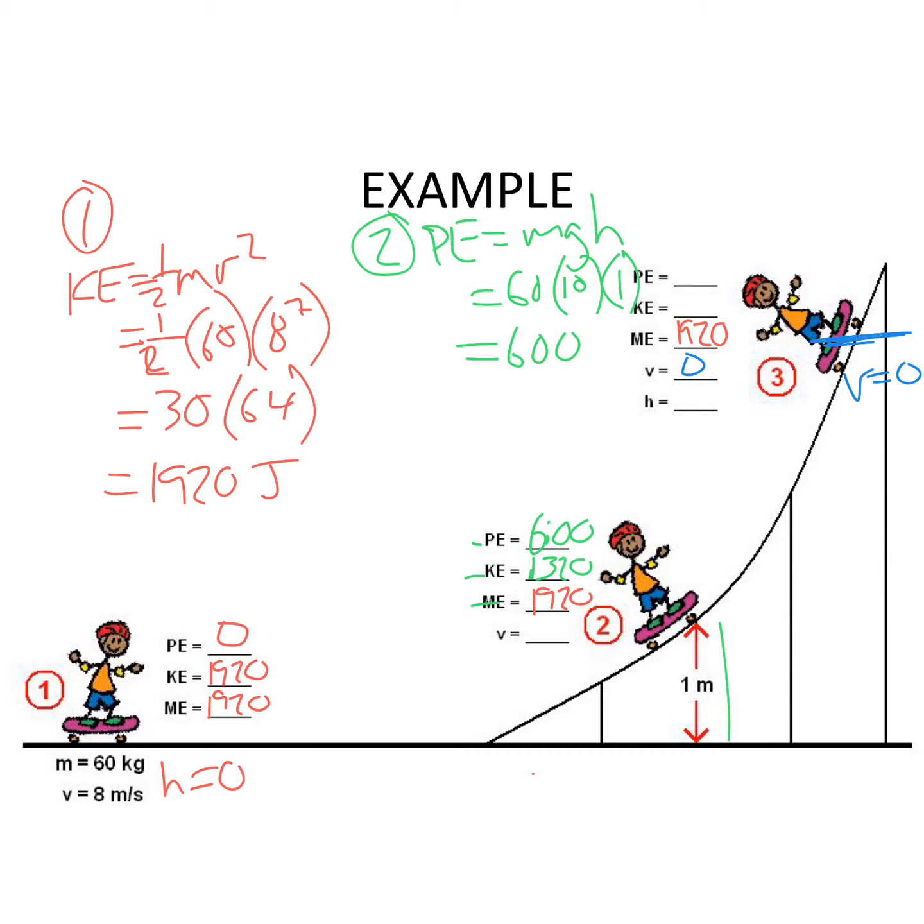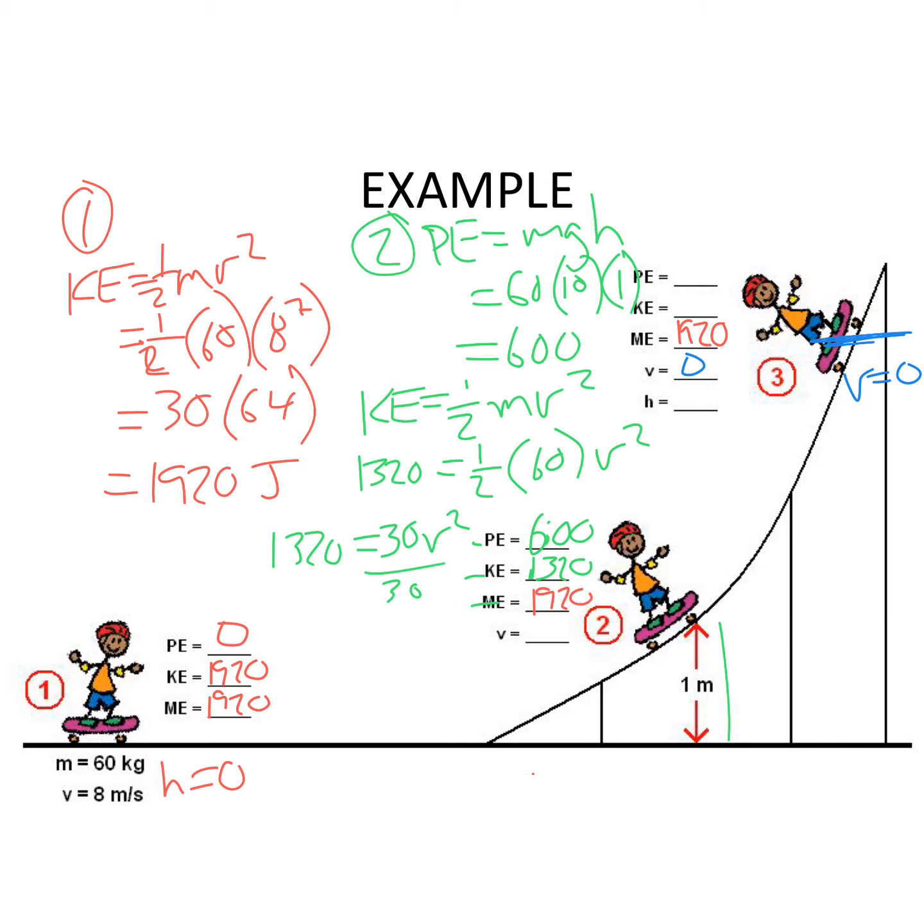Okay. I can then calculate my velocity. And I'm going to do that by saying kinetic energy equals 1/2 mv squared, which my kinetic is 1,320 equals 1/2 times my mass, which is 60, times velocity squared. Right? So 1,320 equals 30 v squared. I'm going to divide each side by 30. 30 goes away there.